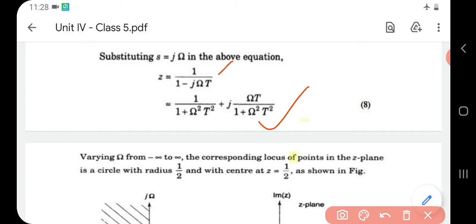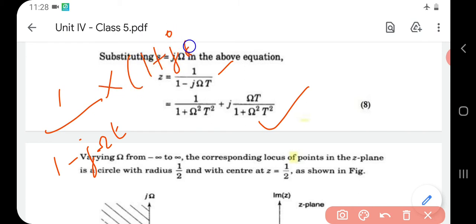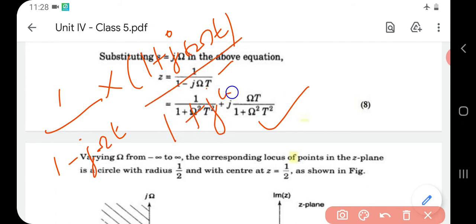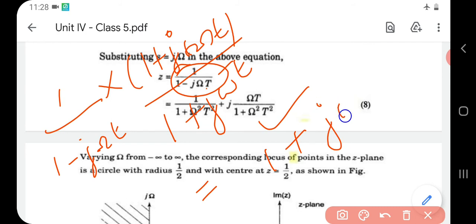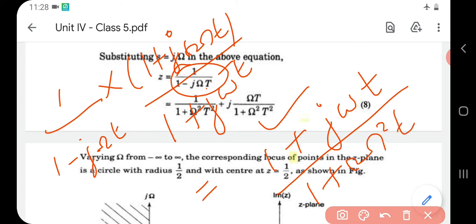That is this equation, 1 by 1 minus j omega T, multiplied by 1 plus j omega T divided by 1 plus j omega T. You are multiplying both the numerator and the denominator of this particular equation with 1 plus j omega T. So that will simplify to 1 plus j omega T divided by 1 plus omega squared T squared.